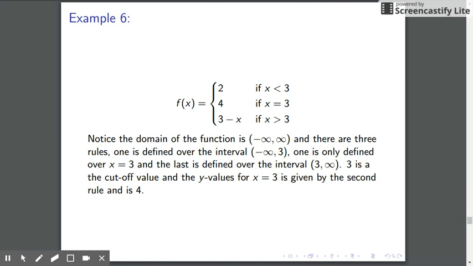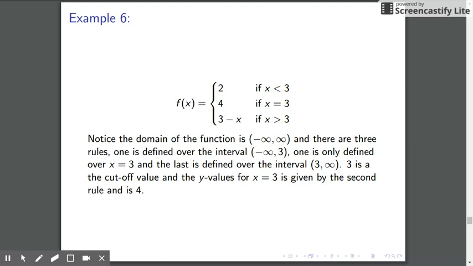So what's going to happen here is that we graph. First, we find the cutoff. In this one, the cutoff is going to be only one point because we don't have intervals. In the second rule, we only have a number.